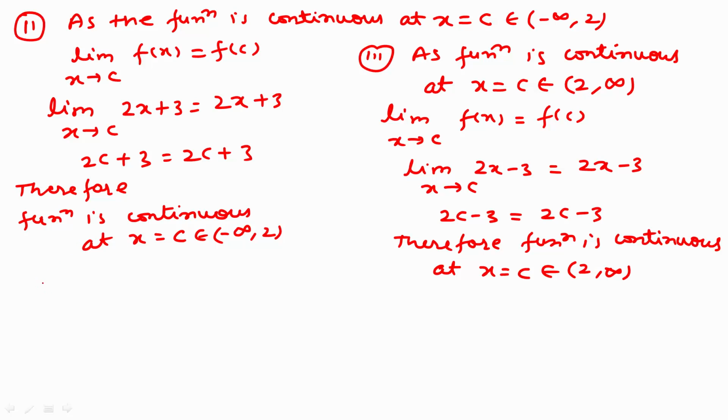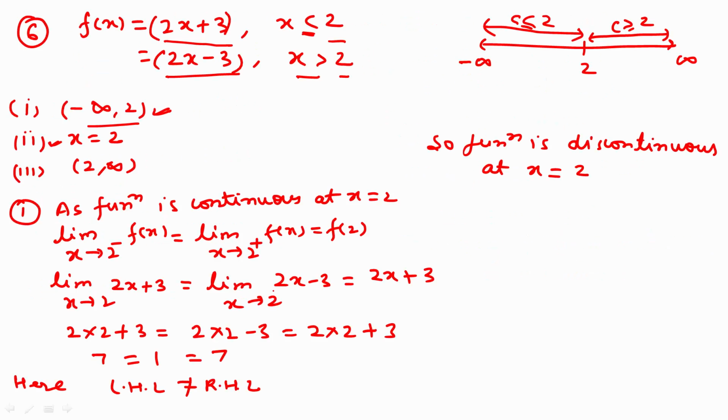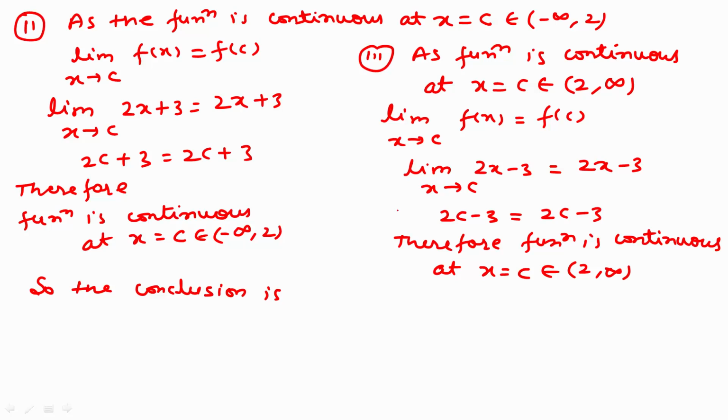So the conclusion is, we have to find only the point of discontinuity, and you can see here for x is equal to 2, function is discontinuous. For x belonging to open interval minus infinity to 2, function is continuous. And in the third case, open interval 2 to infinity, function is again continuous.